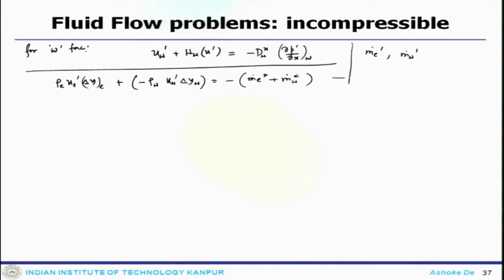So, the equation which was used here is essentially m_E prime plus m_W prime equals to minus m dot E star minus m dot W star.